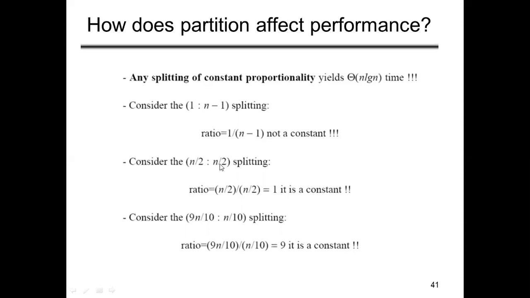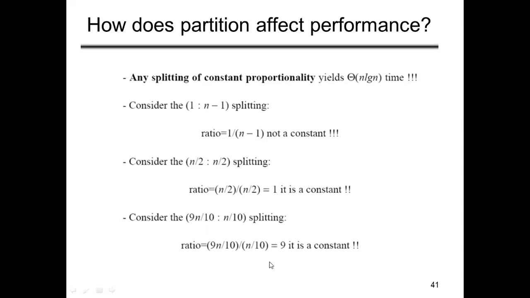When you take half of the elements in one part and the other half in another part, then in the partitioning we are taking a balanced split. So the partitioning or dividing takes 1 unit of time. It is a constant. Consider 9 by 10 colon 9 by 10 splitting.